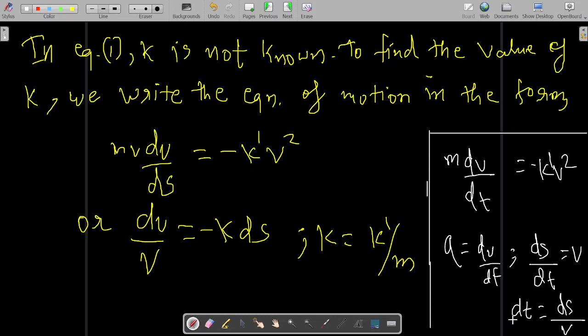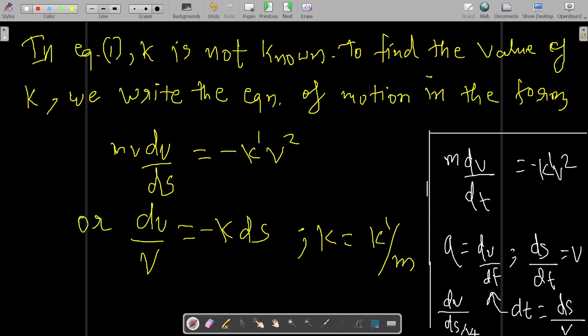So now we wrote dt as ds over v. Now substitute this dt over here. What will happen? We have eliminated t, so dt will come over here as ds divided by v.